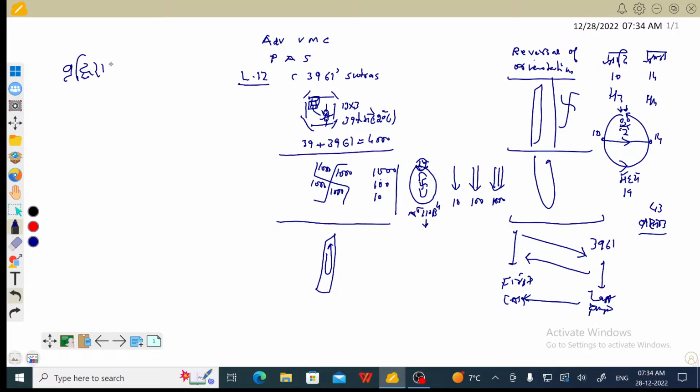And the last sutra is A. Therefore, this last sutra, the 67th sutra of chapter 8, Pada 4. It is this aspect which is to be appreciated.